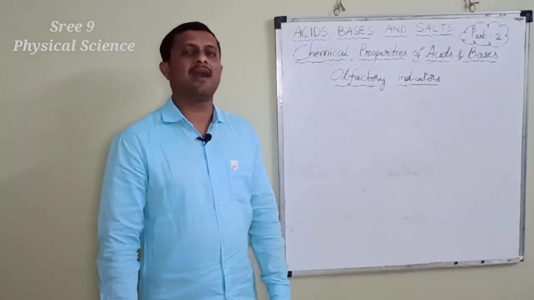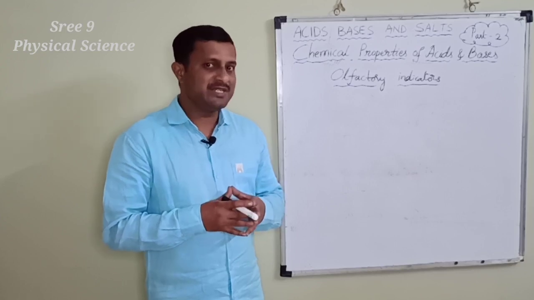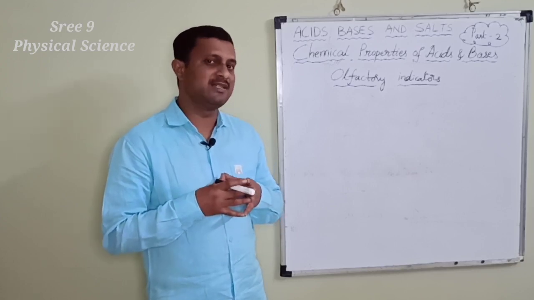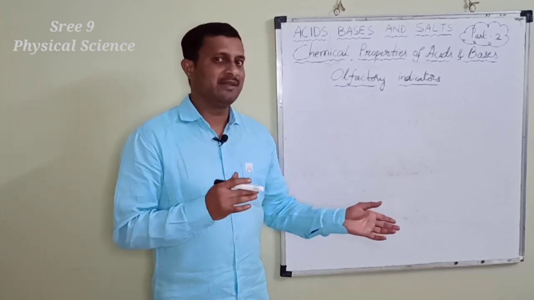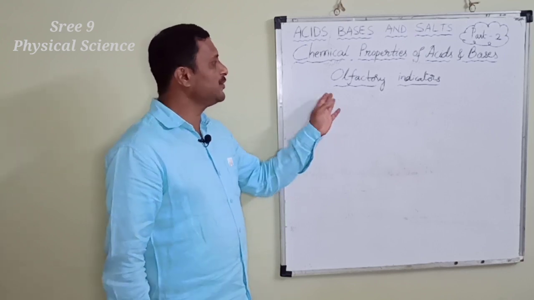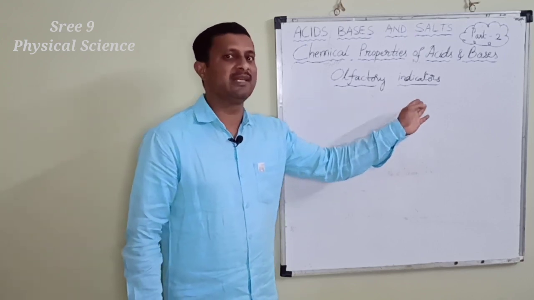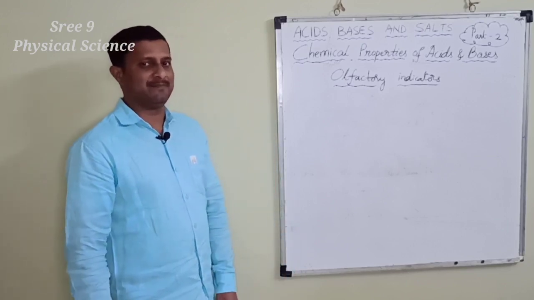Olfactory indicators are the substances which change their original smell or odor in acidic solution as well as in basic solution. Means they show different odors in acid medium as well as in basic medium.